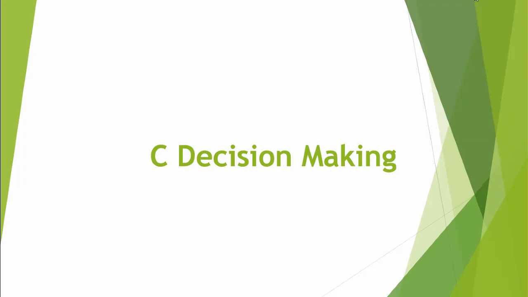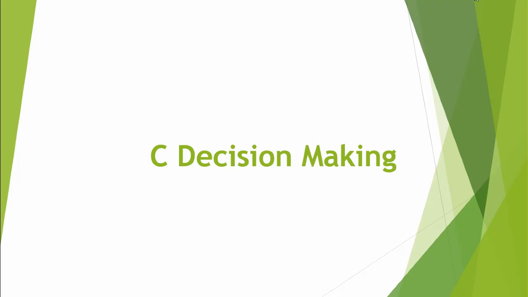So today we are going to start C decision making. At the end of last week's lecture, I gave you a very brief introduction on what we mean by C decision making. I like to say that these are like the fundamentals.